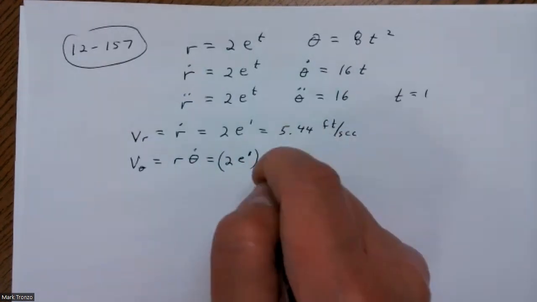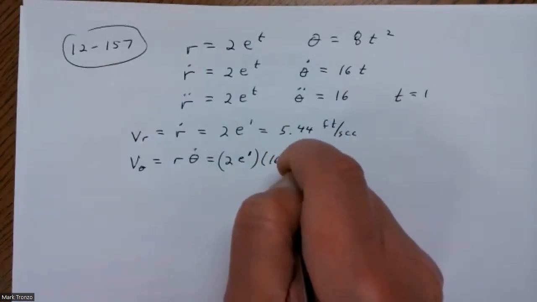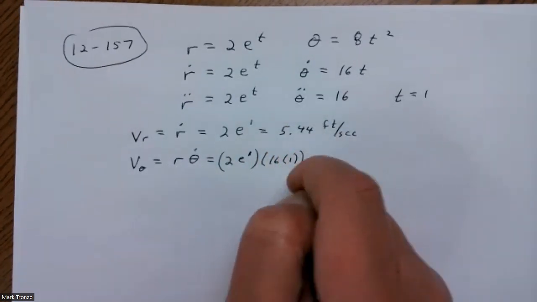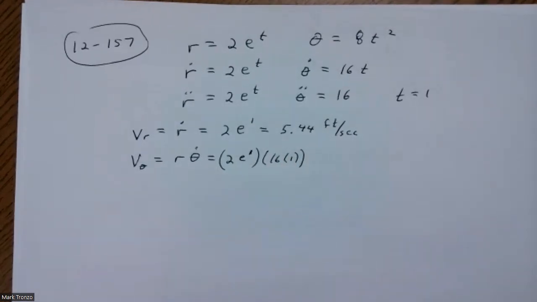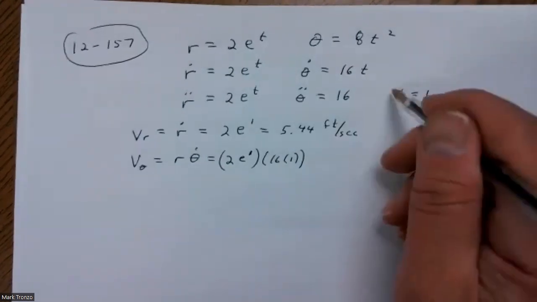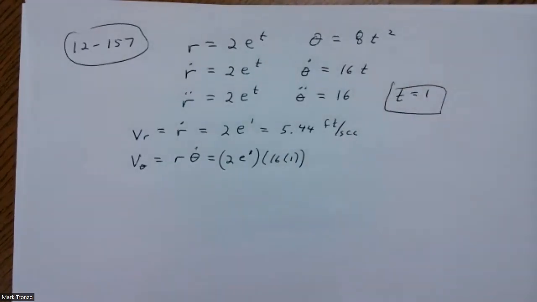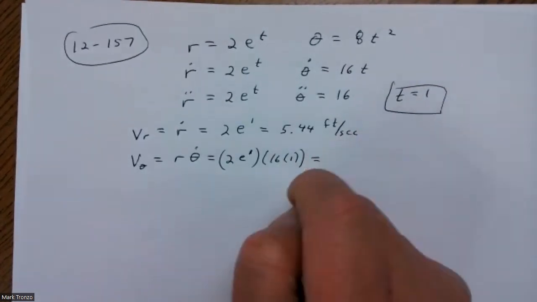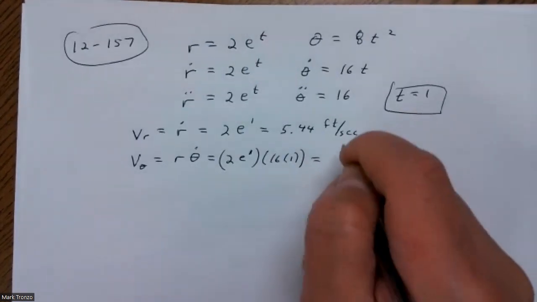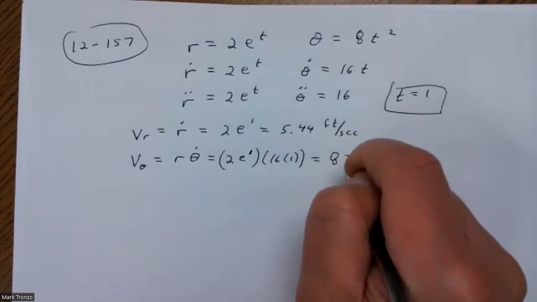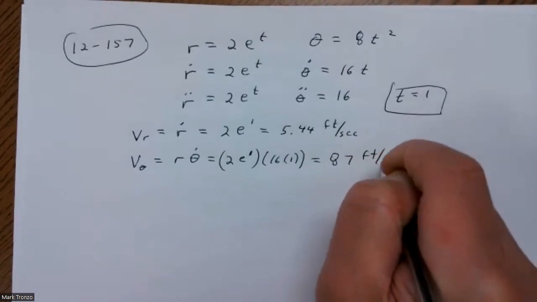Then theta dot was 16 times 1. Put that in your calculator, you get around 87 feet per second.